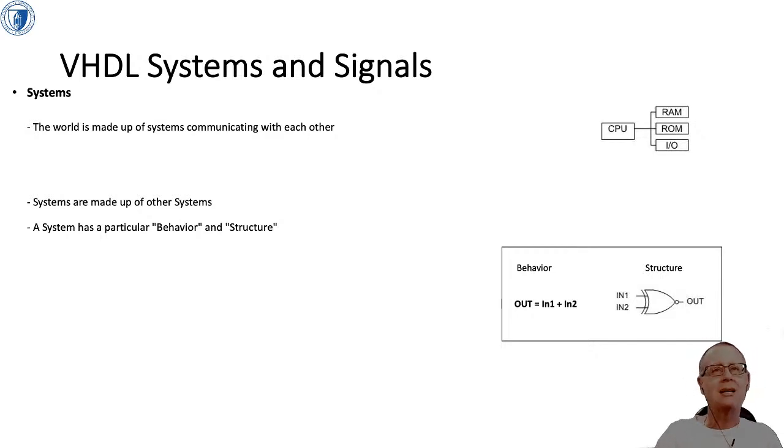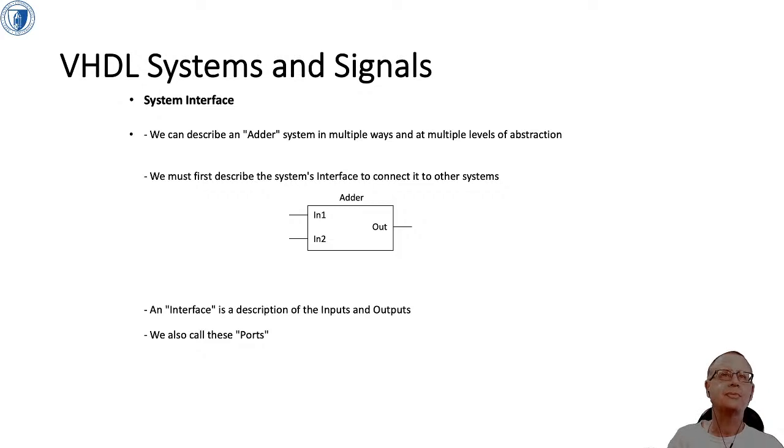The schematic approach is the structural approach. You draw the structure of the circuit. We've talked about the half adder, and in fact this is even less than a half adder because it doesn't have the carry output.